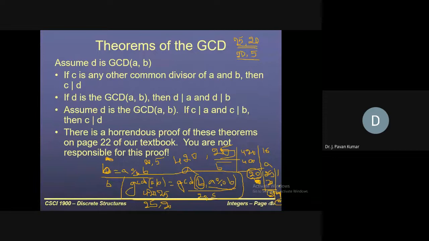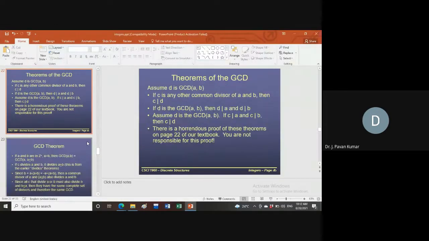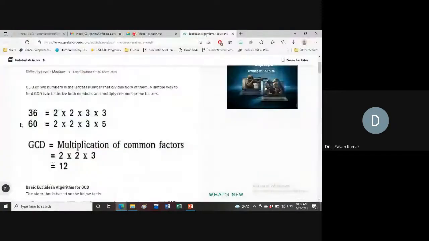Next, let us try to formulate this in the form of algorithm. Have you noted this? GCD of A comma B is GCD of B comma A mod B. Okay, fine.